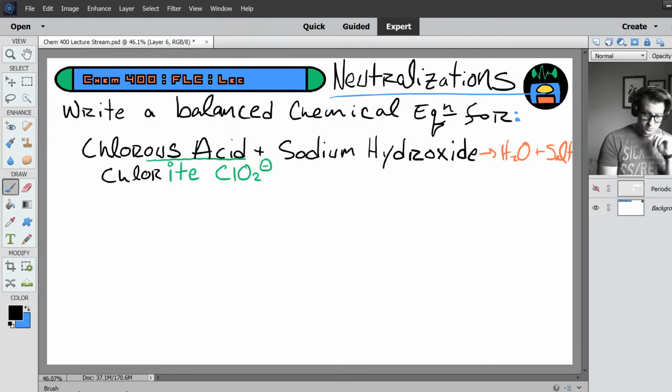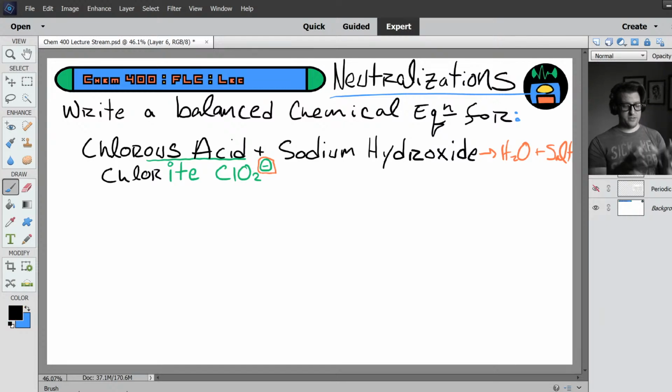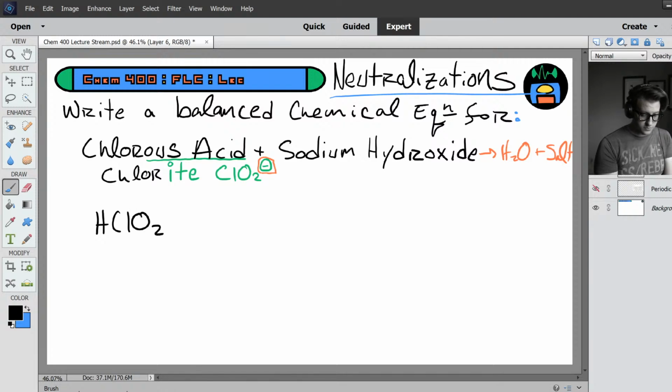Now, the way you take your anionic structure and determine your acid's chemical formula is you give the anion one hydrogen, one proton for every negative charge. So if chlorite is ClO2 with a charge of -1, chlorous acid will be HClO2. All right, and acids in Chem 400 are always going to be in the aqueous phase. All right, so you always throw that thing in the aqueous phase.